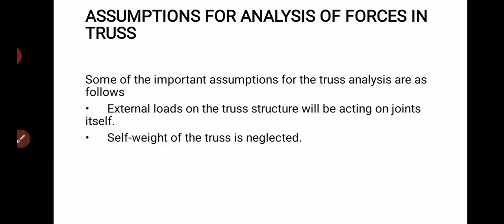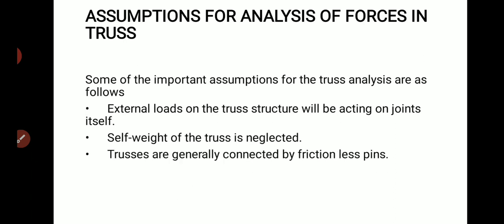The next important assumption is that the self weight of the truss is neglected. The self weight of the truss structure is always negligible. The next important assumption is that the truss is generally connected by frictionless pins.